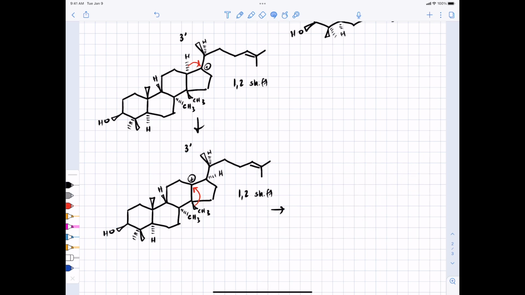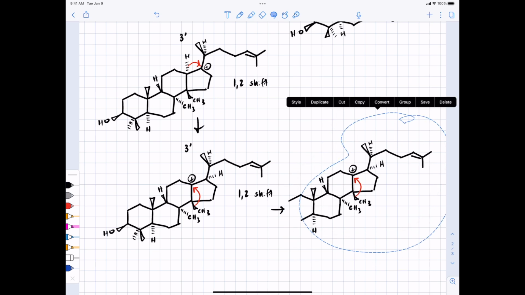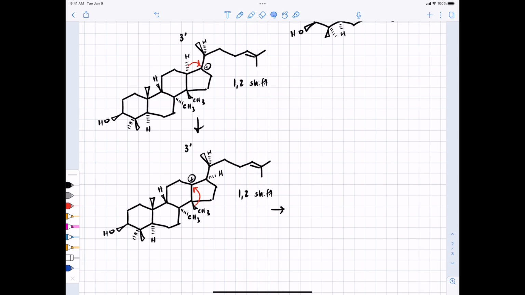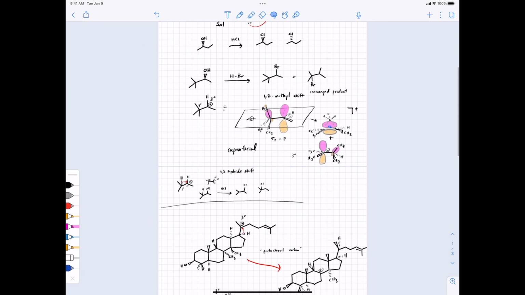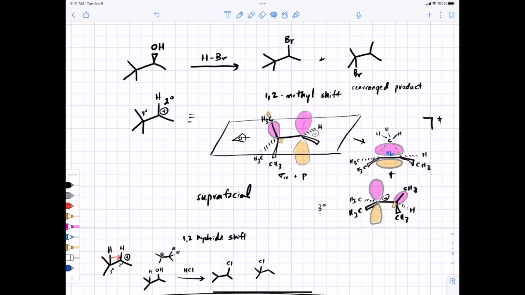The question is, when are we supposed to know when this is going to happen? The answer is, I'm only going to ask you to predict that it happens in a situation where you have a secondary carbocation adjacent to a quaternary or tertiary carbon. Those are the situations where I want you to be able to predict that it would happen.